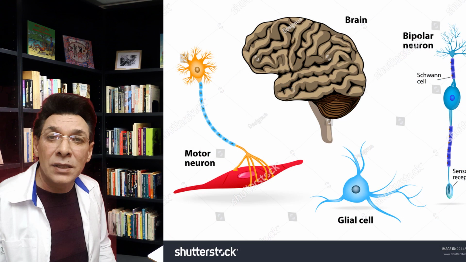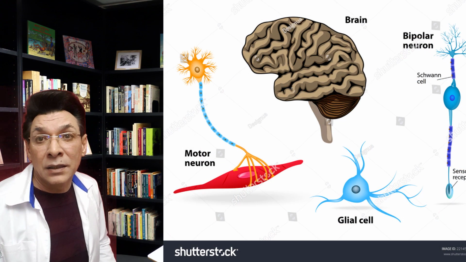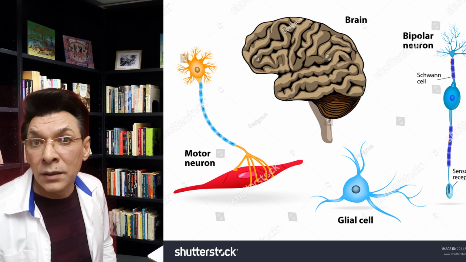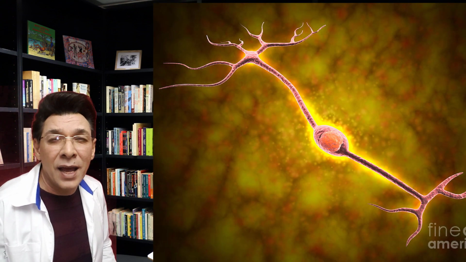First group is bipolar neurons that have one axon and one dendrite. Unipolar neurons with one axon and a small dendrite, and multipolar neurons that have one axon and many dendrites.